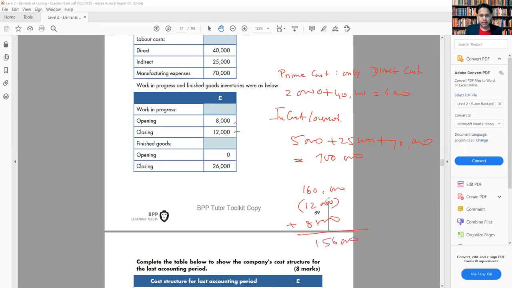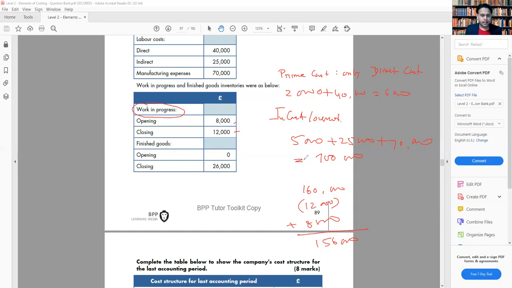Because whatever I have as closing, I'm not using it, so that's not my cost. You have to keep it anyway. And the opening is something we had from the last period, so this is the completed one. Work in progress means this is not completed yet, it's still on the machine. The unit is still processing, it's not done yet. So that's it.